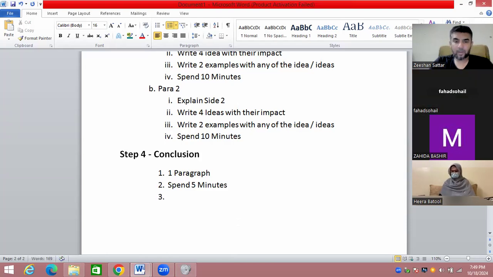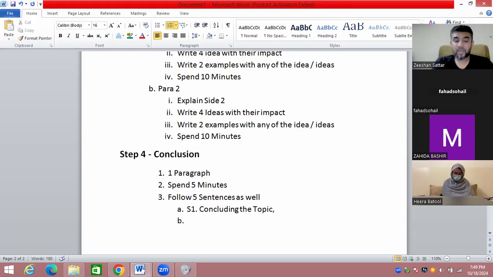And we will follow the 5S approach as well, the 5 sentences approach. So sentences will be very short. For an example, sentence number 1 will always be concluding the topic.